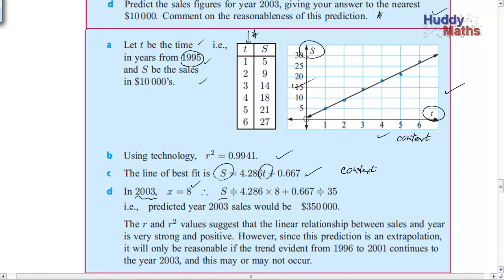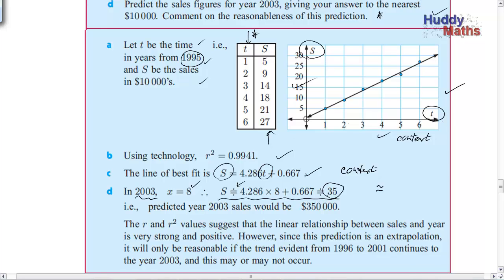And our prediction would be, notice the use of the approximate sign, or this squiggly, I like that one for approximately. And we come up with 2003 would have sales of approximately 350,000 because these are in 10,000s here.